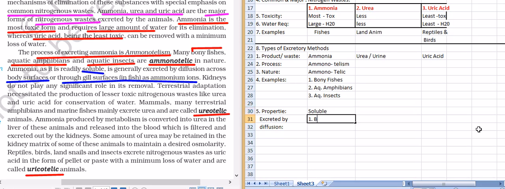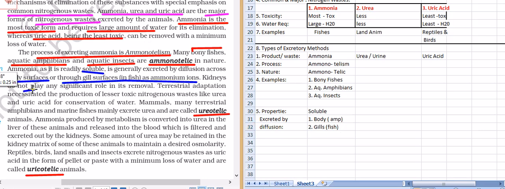One, it is by the body. Second is by gills, gills in the case of fish. Body in the case of animals, like amphibians. So these are two points he mentioned: diffusion through the body surface, and next, kidneys play no significant role.